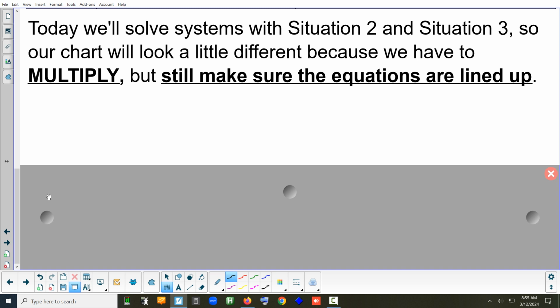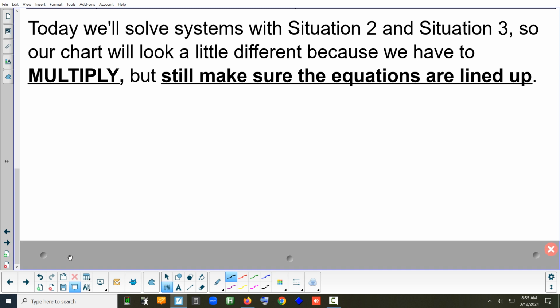So let me show you an example of what it means to multiply in an equation. And I think we did one in the warm-up yesterday. All right, let's say we put a 2. And then I had the equation like 3x plus 4y equals 5.